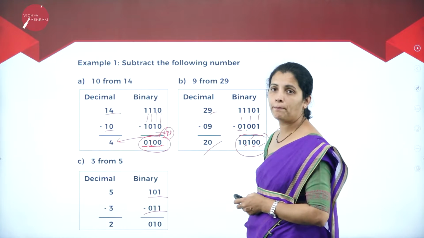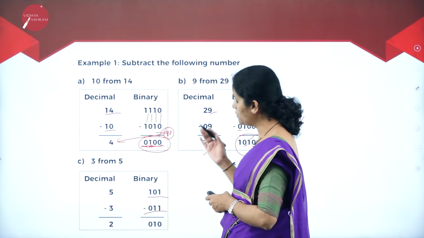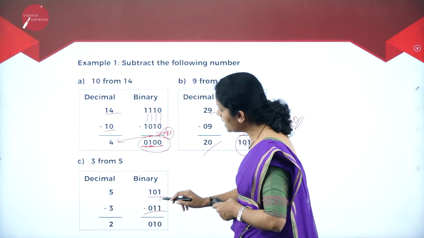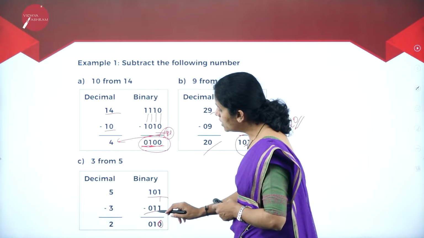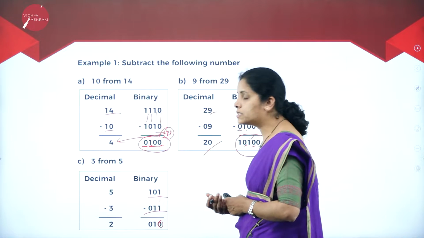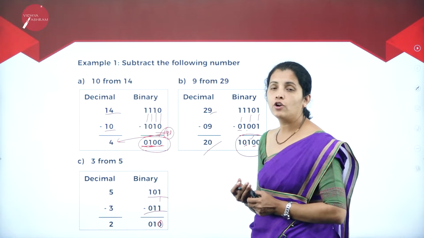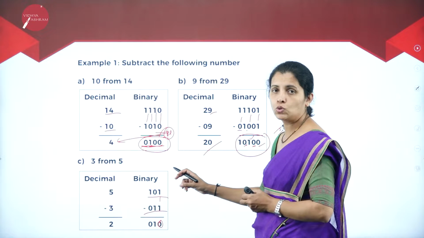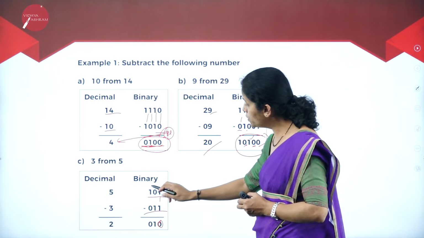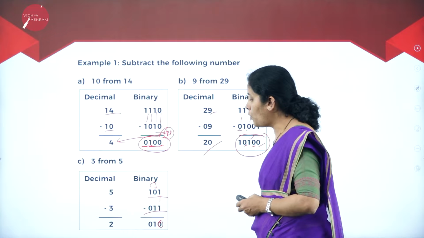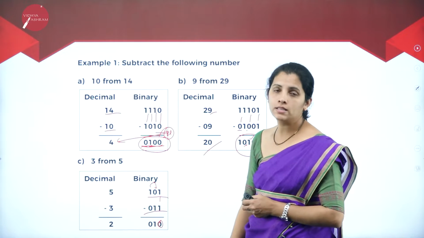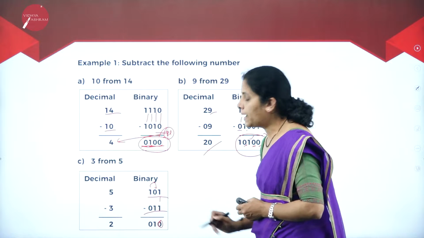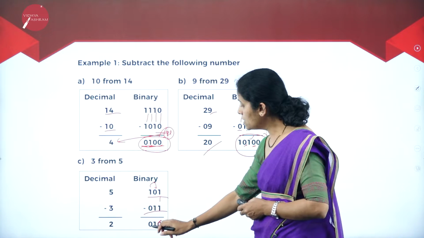Now I'm going to apply subtraction. That means I'm going to perform subtraction. That is 1 minus 1, it is 0. Now I have 0, 0 minus 1. I cannot perform the subtraction. So what I will do? I'm going to get the borrow. So it is 1, 0. So 1, 0 minus 1, it is 1.